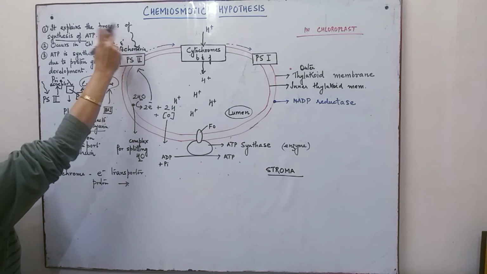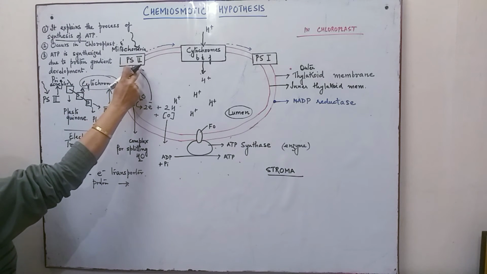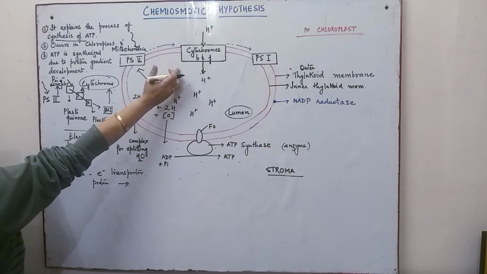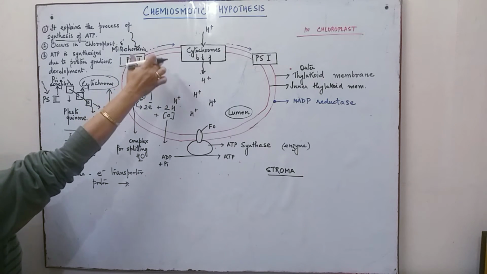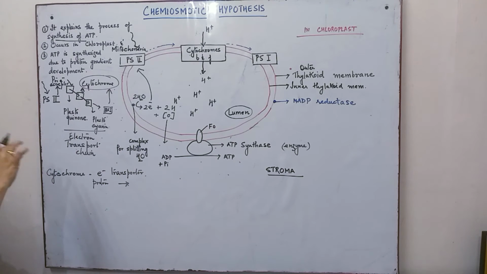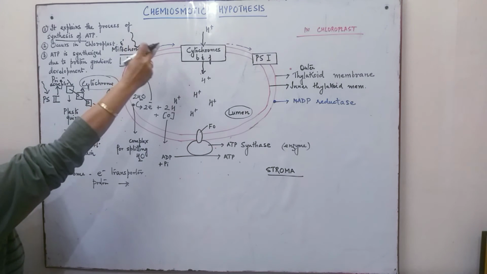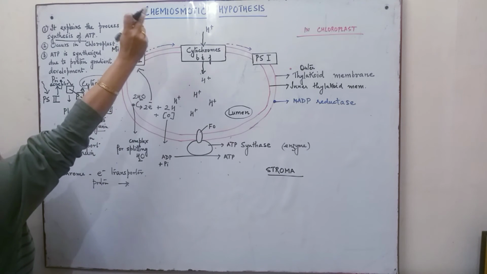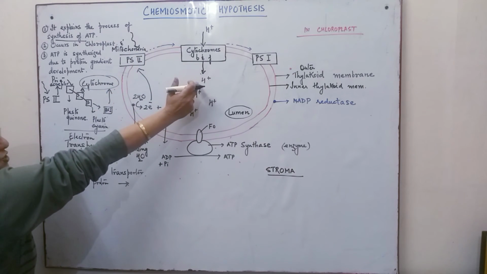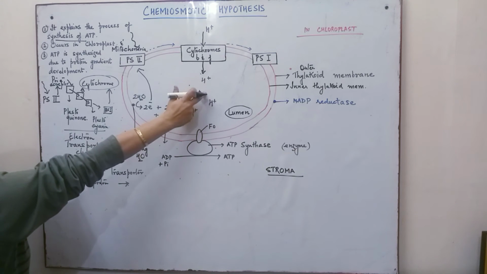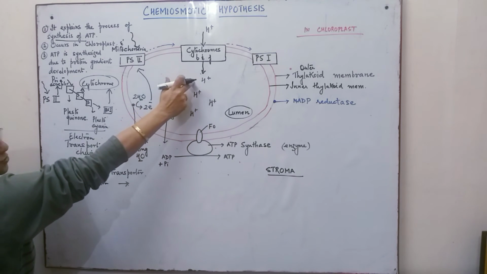As the electrons pass from PS2 through the electron transport chain at the cytochrome, going from a high energy level, or uphill, to downhill, they release energy at the cytochrome, and the cytochrome uses this energy to pump protons from the stroma to the lumen of the thylakoid membrane. This is one source of protons.